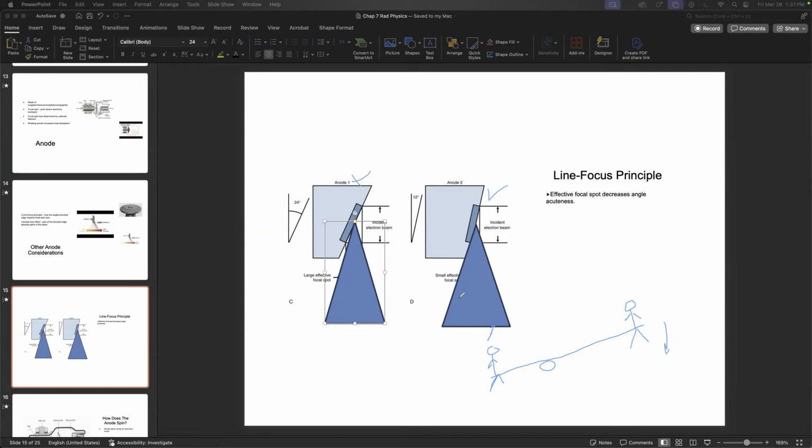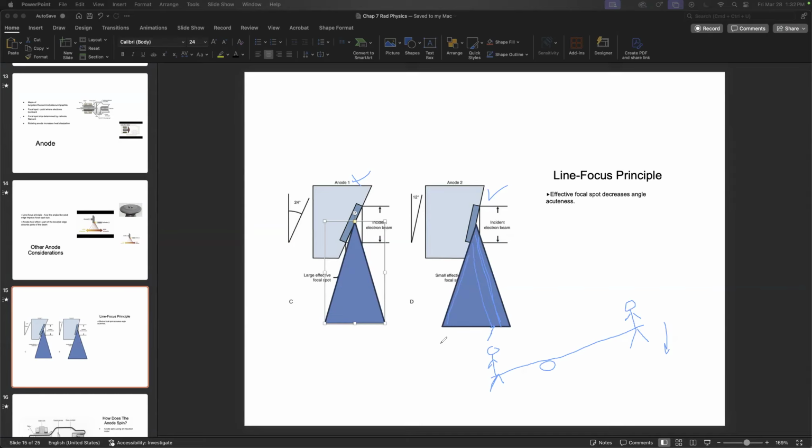You would still get photons, but they would be of lower intensity. So if I were to draw this, say this would be photons of X-rays. On this side, you would have less.